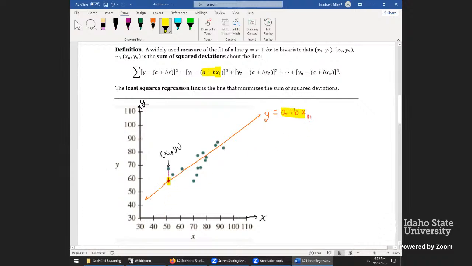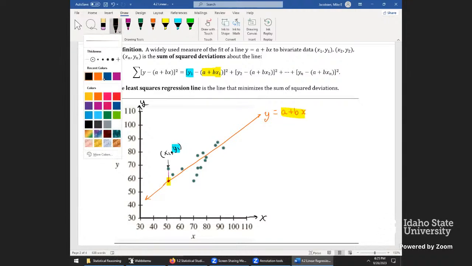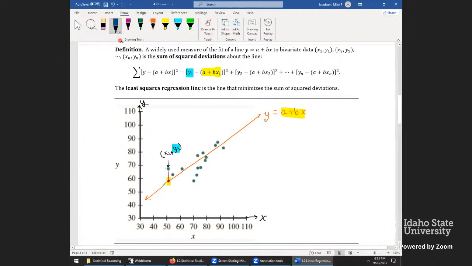If you plug x1 in here, that's exactly what you get. What's the y1? The y1 is this coordinate. We go horizontally to the left. That's the y1 value right there. So when we take this subtraction, y1 minus (a plus bx1), follow the highlight to see which is which, we produce this difference right here. That's exactly y1 minus (a plus bx1).